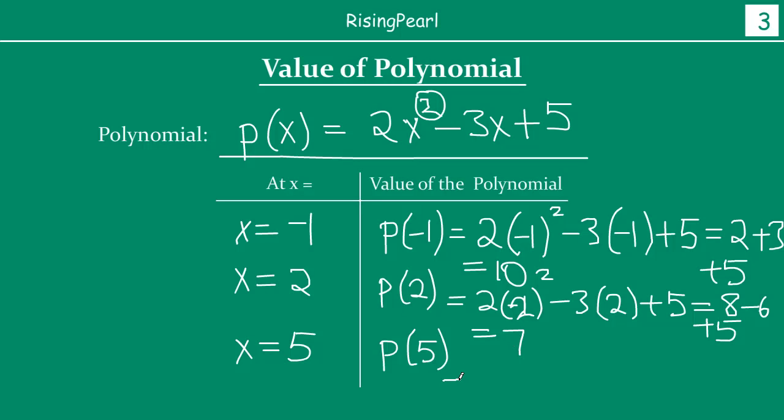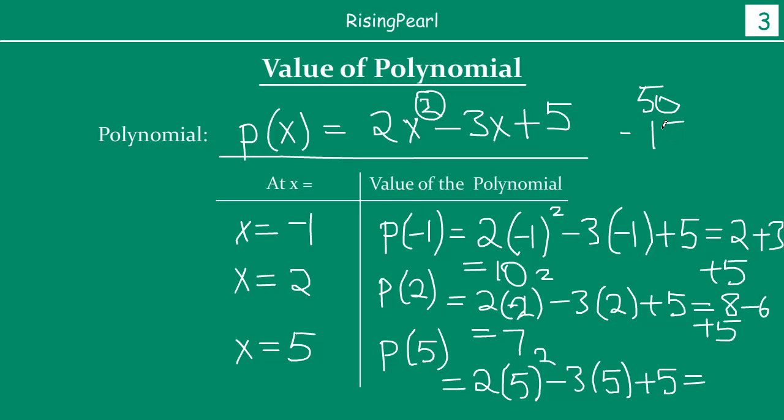And similarly for the last one at x equal to 5, it will be 2 times 5 squared minus 3 times 5 plus 5. So 5 squared is 25, 2 times that is 50, 50 minus 15, and plus 5, so this will be 35, plus 5 is 40.